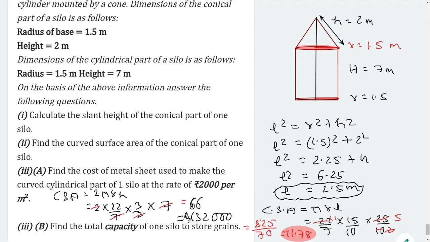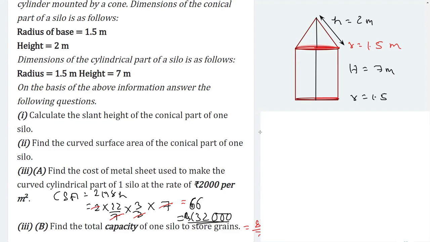This is in rupees. We did it, and now we have to find the total capacity of one silo. That means we have to find the volume here. All right, so since we have to find the total capacity, we'll be finding the volume of this whole thing. So I will erase the previous part and I'm going to work on the volume.